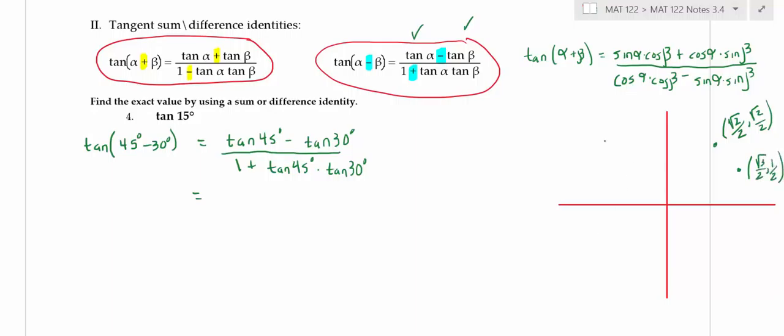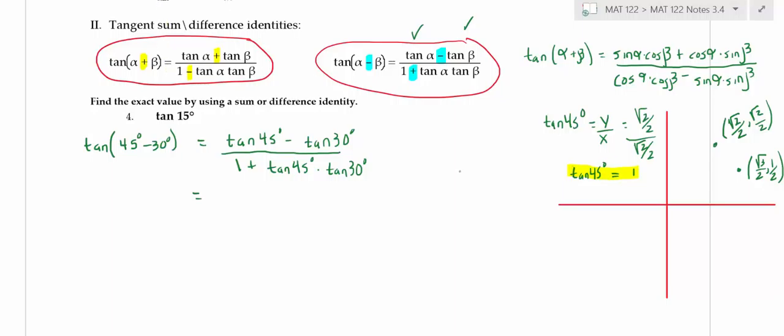Okay, so we just need to figure out two things. If we do the tangent of 45 degrees, that's y over x. So that's going to be square root of 2 over 2 divided by itself. So that's going to be equal to 1. Okay, so the tangent of 45 degrees is equal to 1, and we're going to utilize that in the identity.